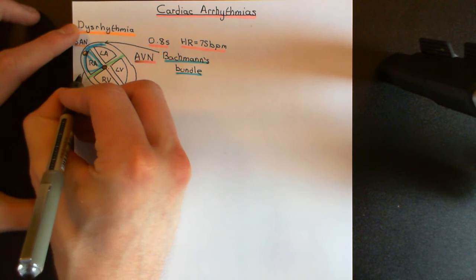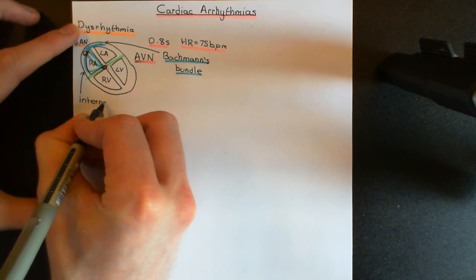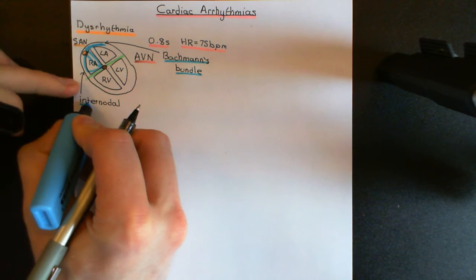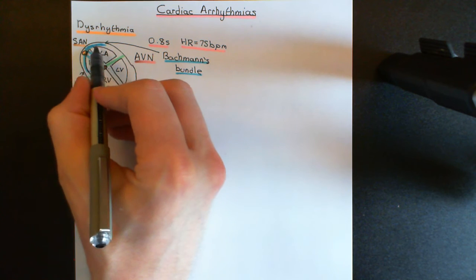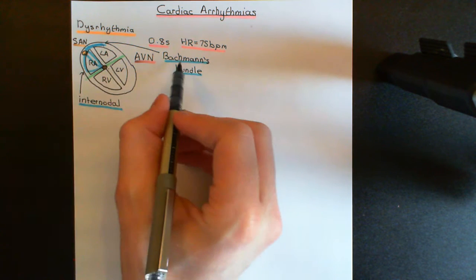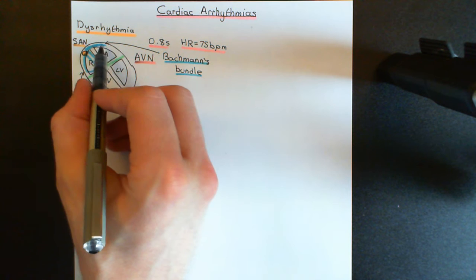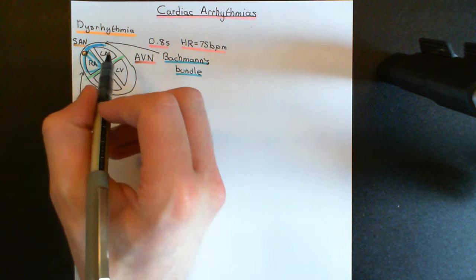These are the internodal conduction pathways, an anterior, a middle, and a posterior one. And we also believe that we have an interatrial conduction pathway known as Bachmann's bundle, which passes the action potential to the left atrial cardiomyocytes, and then it will conduct down the left atrium.